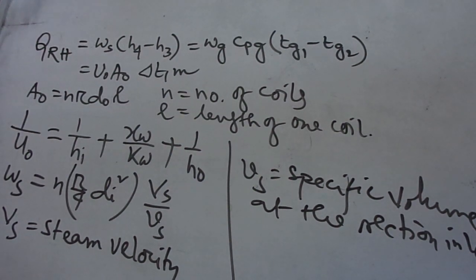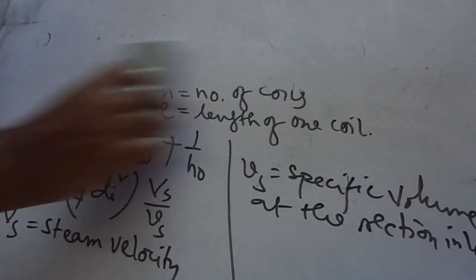In modern high pressure boilers, reheaters are normally in two sections.